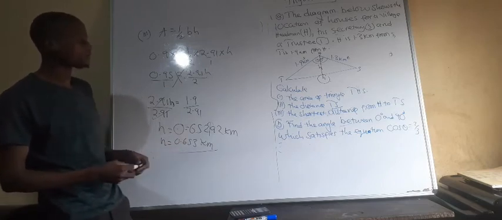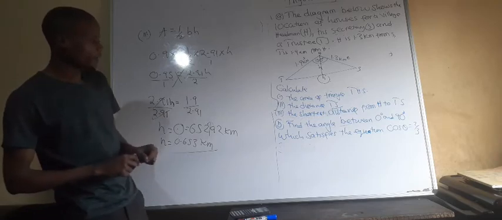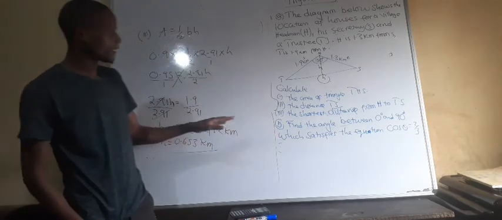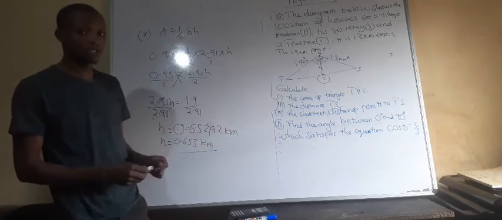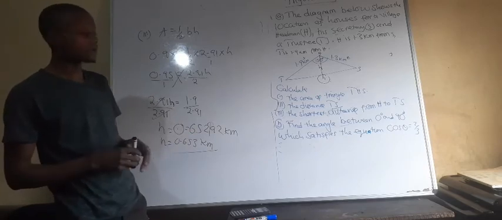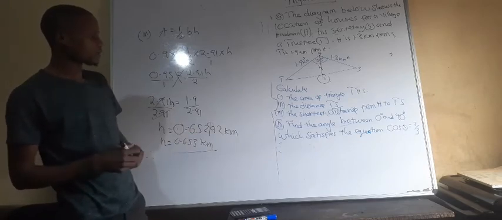H to TS. Okay, now question B is under what is called trigonometric equation, of which we are going to do more in the other videos. But we're going to solve it.